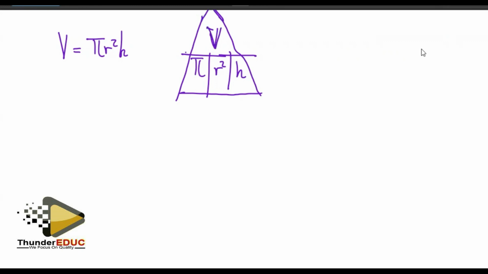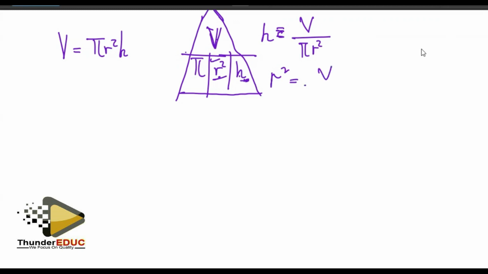Volume equals pi r squared h. So if I'm looking for, definitely pi is a constant number, there's nothing much there. So if I'm looking for h, height, what am I remaining with? I'm remaining with volume divided by pi r squared. So simply meaning if I'm looking for height only, I'm remaining with this.